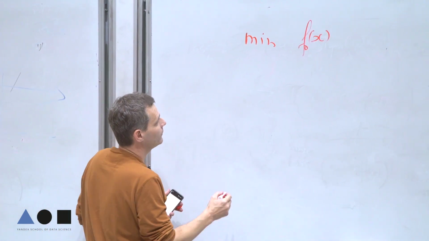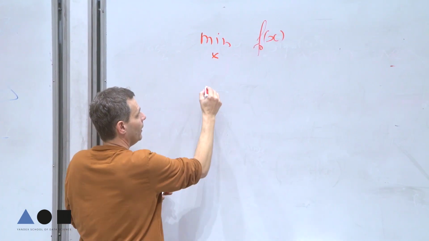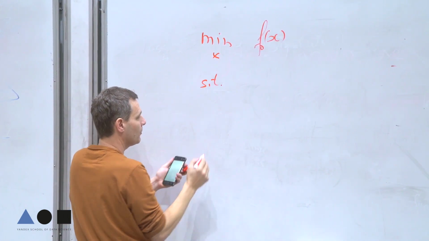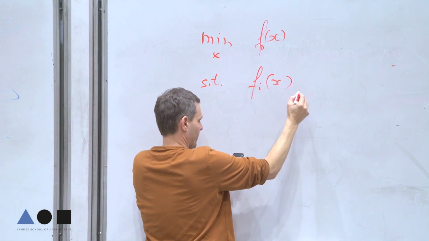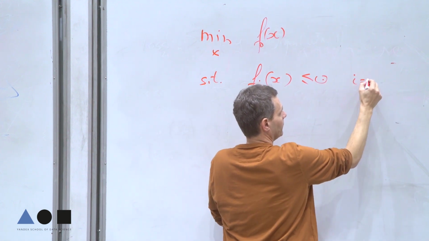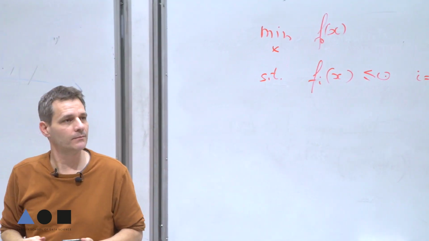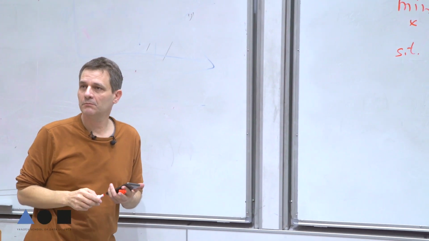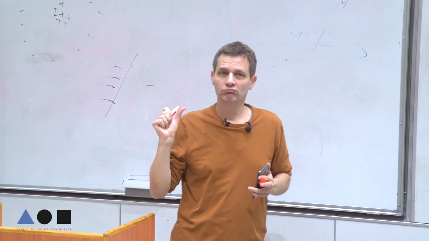The idea is that you want to find the minimum of f0 of x, but you also have some constraints. Let's say you have fi of x smaller than 0, and you can have m such constraints. Questions? Okay.